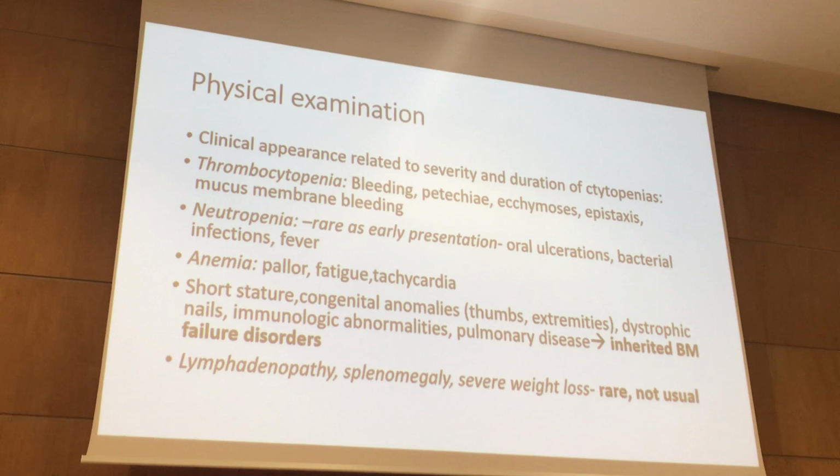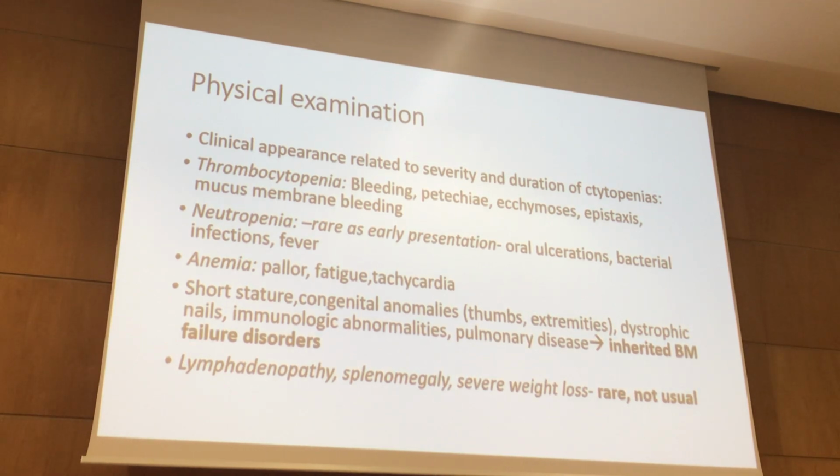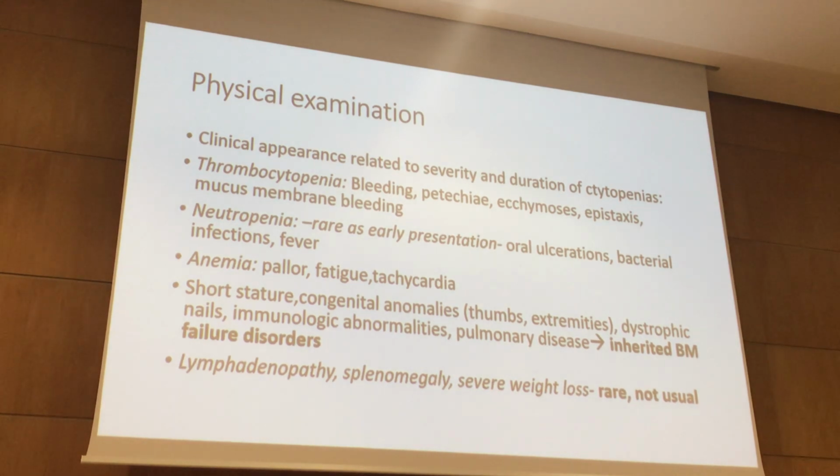When you go to physical examination, the findings are related to the cells that are affected. As I have repeatedly told you, if there is thrombocytopenia, there will be bleeding in the form of petechiae, ecchymosis, and mucosal bleeds from different mucosal areas.